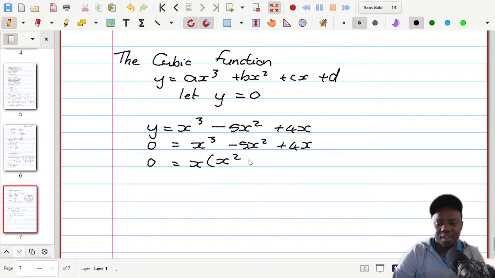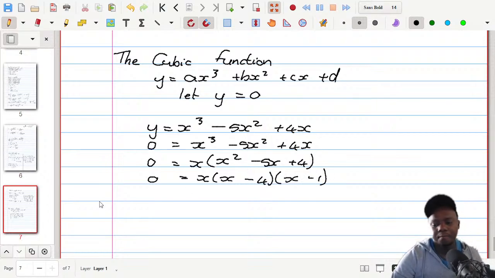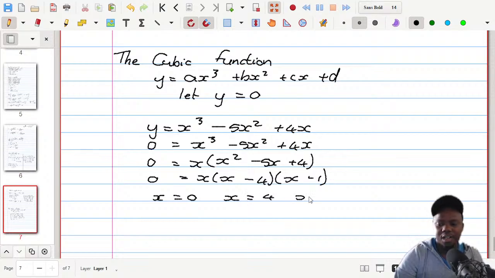Then you remain with x squared minus 5x plus 4. Then from here, you can further factorize it. So 0 is equal to x into x minus 4 and x minus 1. When you have it like this, your x-intercepts would be x equals 0, x equals 4, x equals 1. You've got 3 x-intercepts in this case.